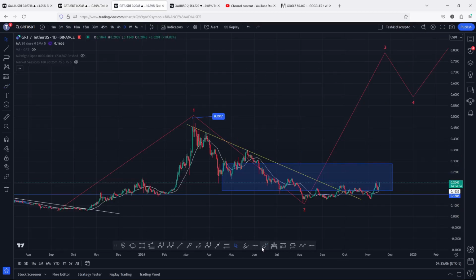On the long term, I believe that we got our bear market lows last year and started an impulse to the upside in a move that peaked above the 0.4947, completing the formation of this larger Elliot wave count 1.